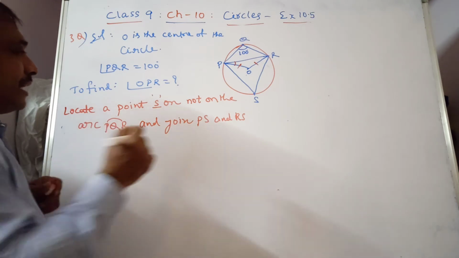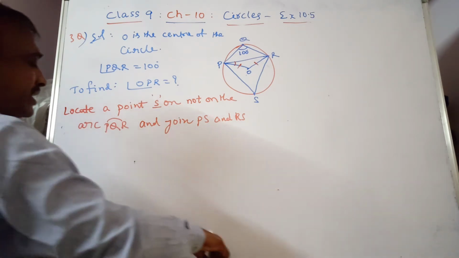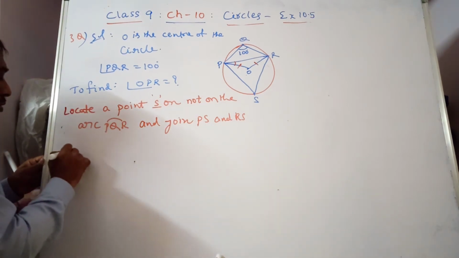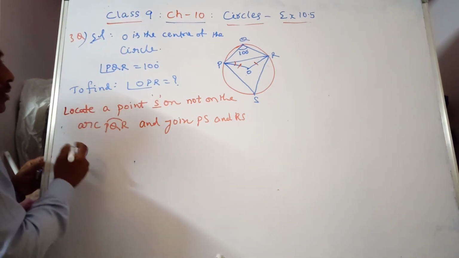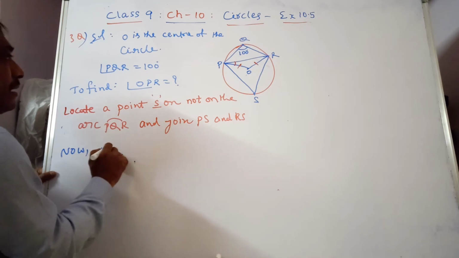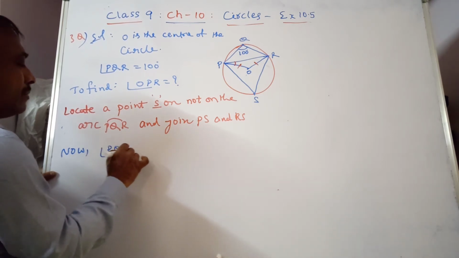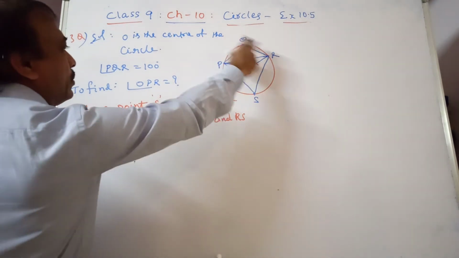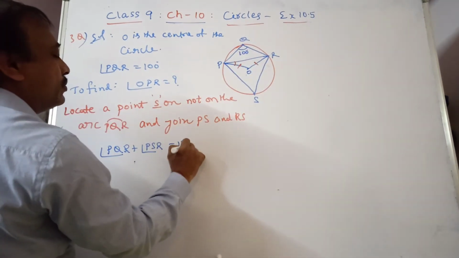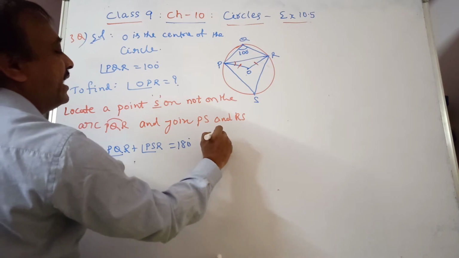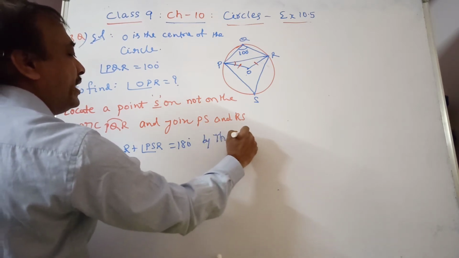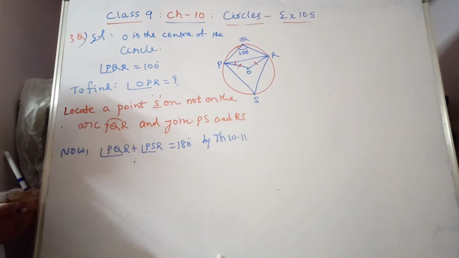Opposite angles. Now you observe it. Opposite angles add up to 180 degrees. So now angle PQR plus angle PSR is equal to 180 degrees by theorem number 10.11: opposite angles of a cyclic quadrilateral are supplementary.